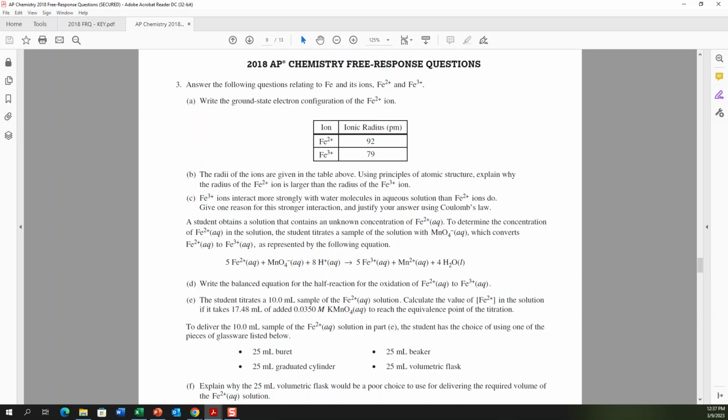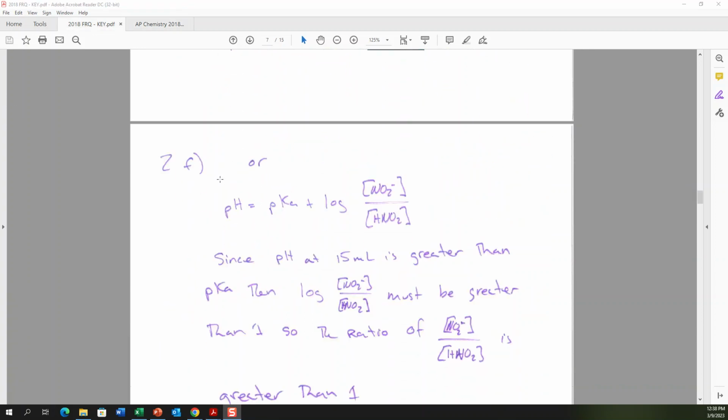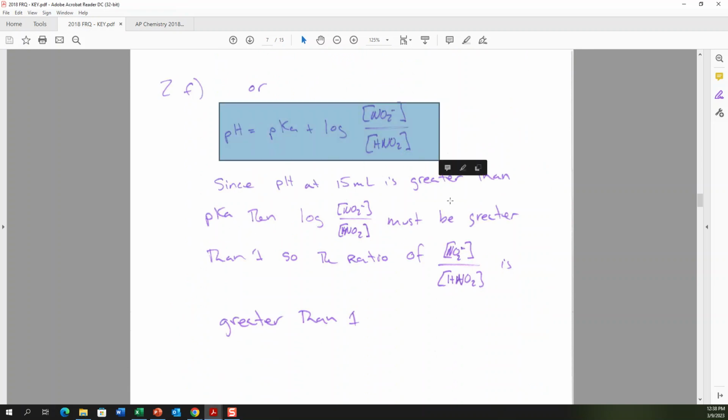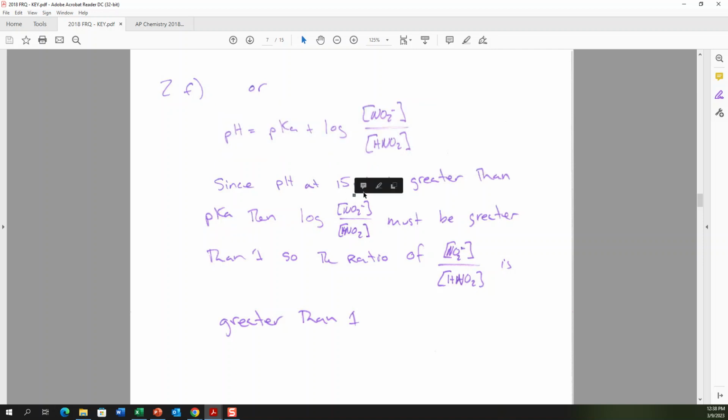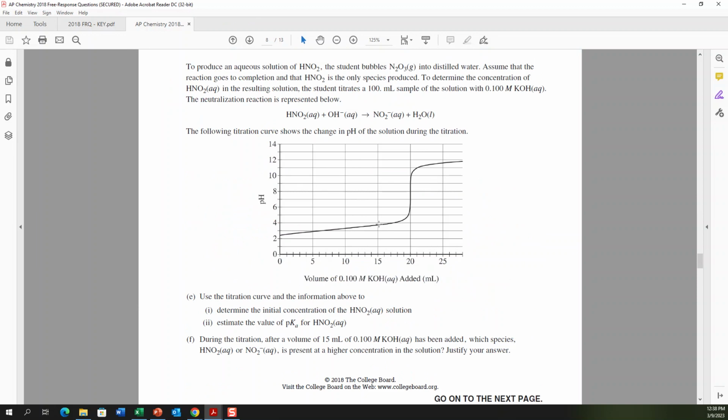All right. Hold on. Sorry, just real quick, just another explanation for question 2F. You could use the Henderson-Hasselbalch equation if you recognize you're in the buffer region. At 15 milliliters of this added, our pH is higher than the pKa.